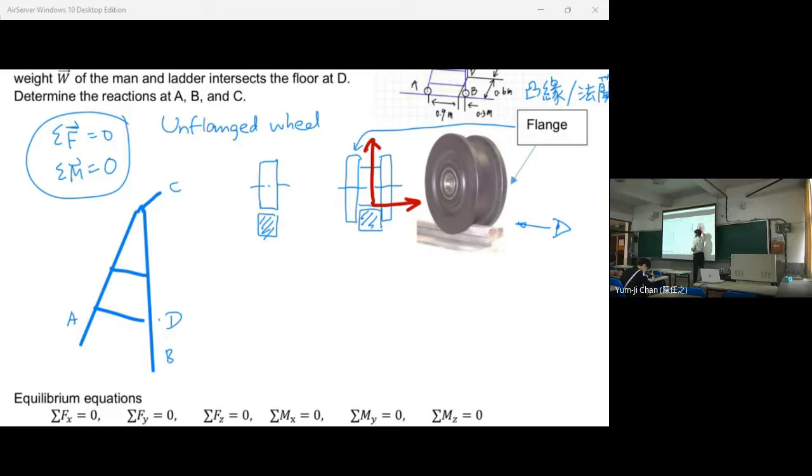The wheel can rotate in this direction. Can it rotate in this direction? No, because of the flange it cannot rotate in this direction. So we have a support moment there.